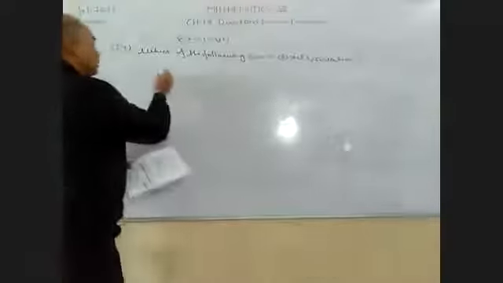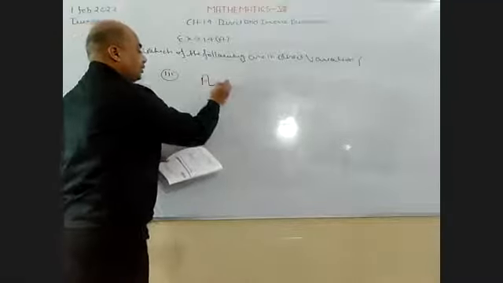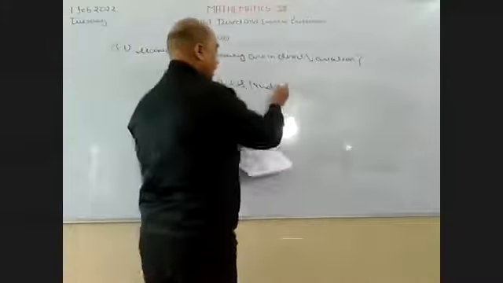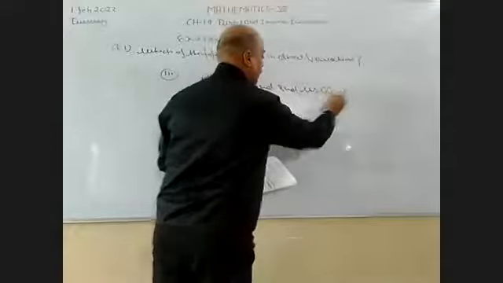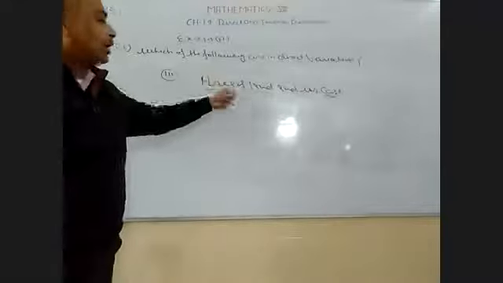Now check what is given in the third part: the area of land and its cost. The area of land is there and the cost of land is there. We need to check whether it is represented by direct proportion or indirect proportion.